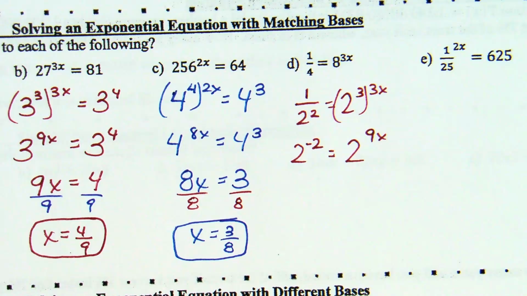Are we okay with what I've done there? Because from here on out, you know what to do, right? My 2's are the same. Drop the 2's. And then have negative 2 equals 9x.